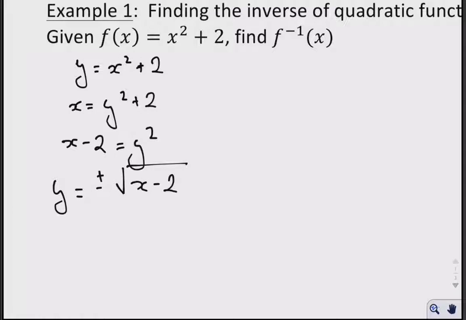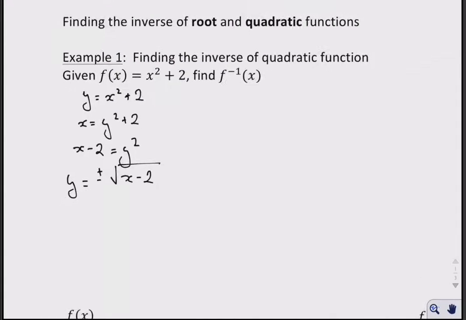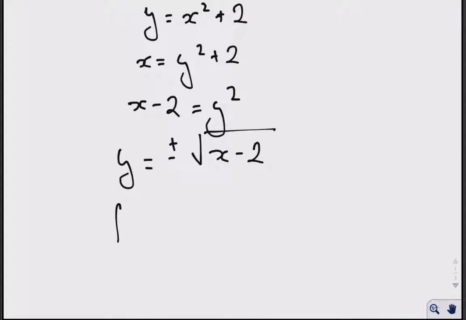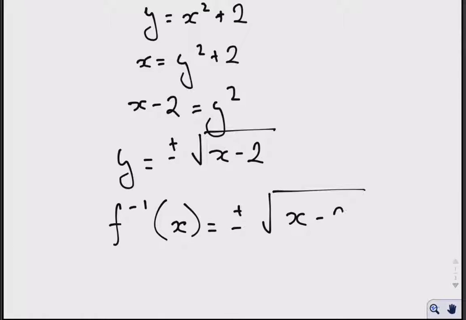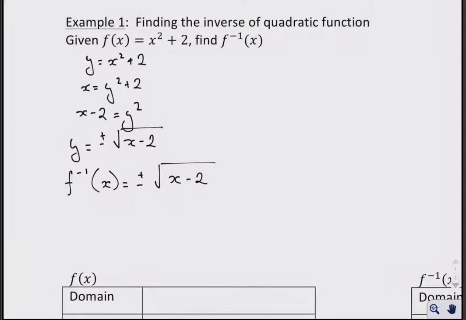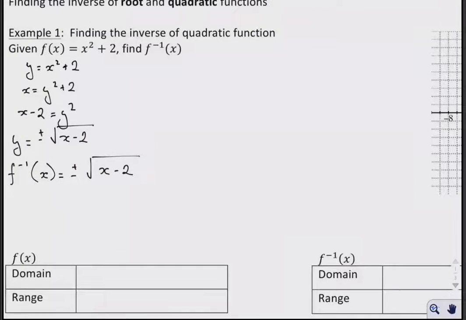Notice I have a plus or minus value because y can also be negative, and I will still get my x minus 2. So what results is actually not a function, but that's okay. So what does that look like?